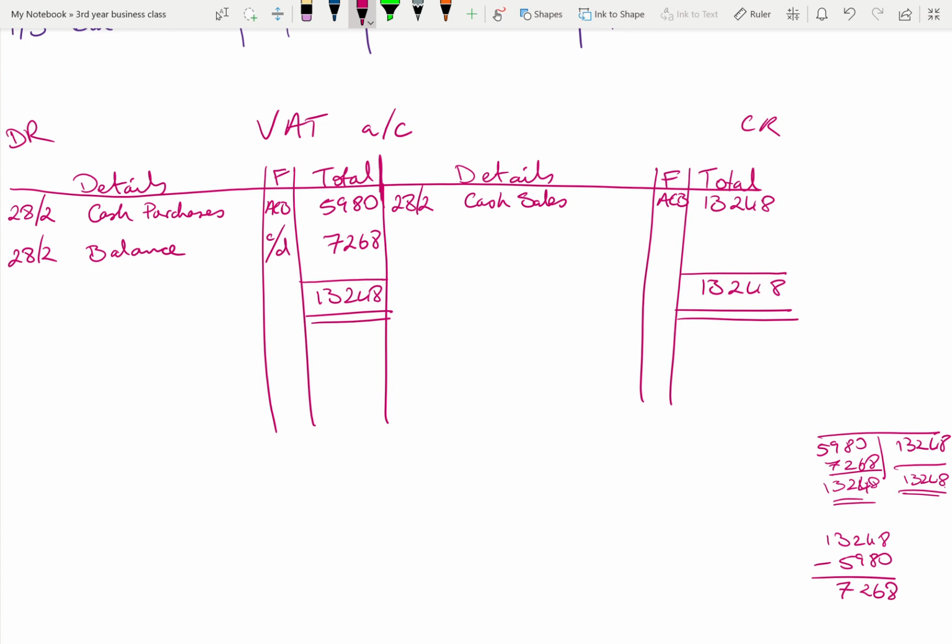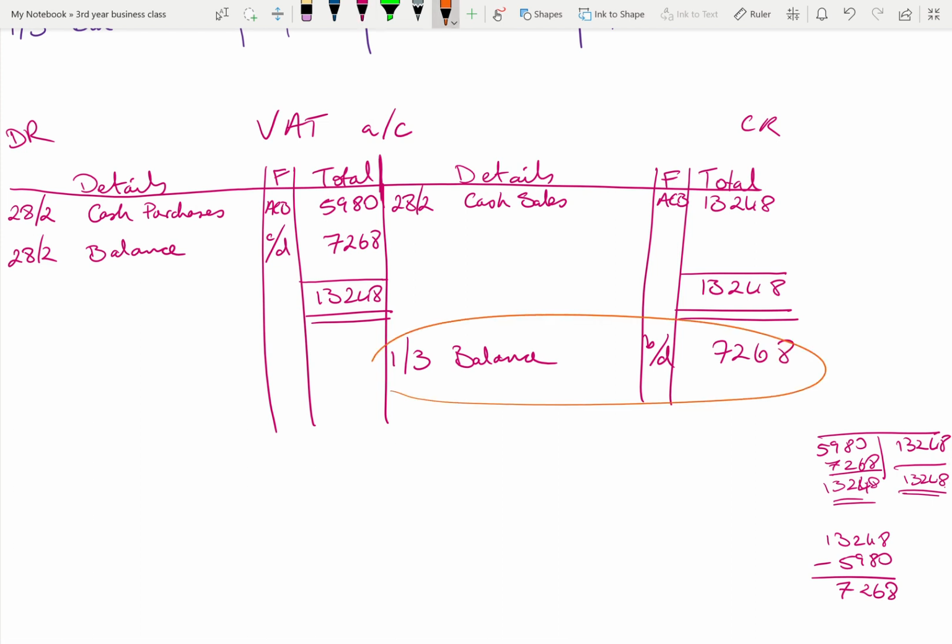But remember, we need to carry down that balance so that we're ready for the beginning of the next month. So the 1st of March, we have our balance brought down of 7268, and that amount, just so we remember, is what will be transferred to the trial balance.